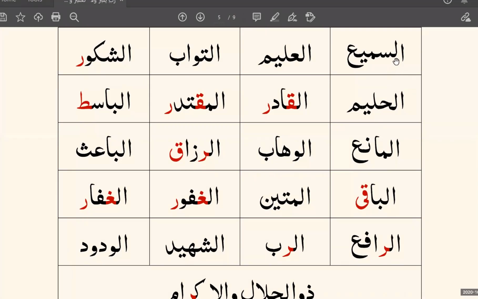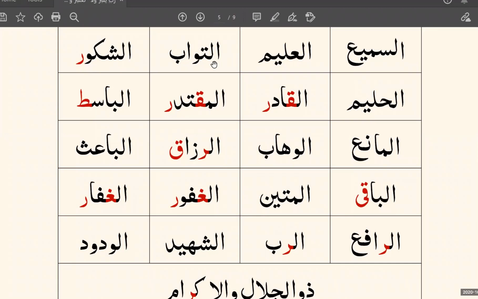Alif, Lam, Sin, Mim, Ya, Ain. Alif, Lam, Ain, Lam, Ya, Mim. Alif, Lam, Ta, Waw, Alif, Ba. Alif, Lam, Sheen. Sin, no, Sheen. Shin, yeah. Shin, Kaf, Waw, Ra.